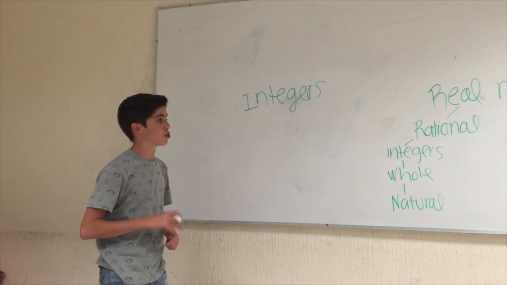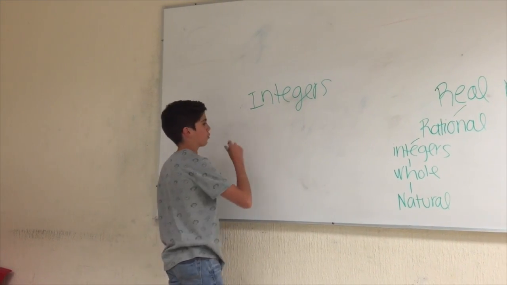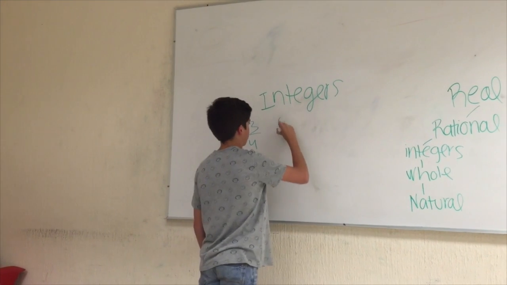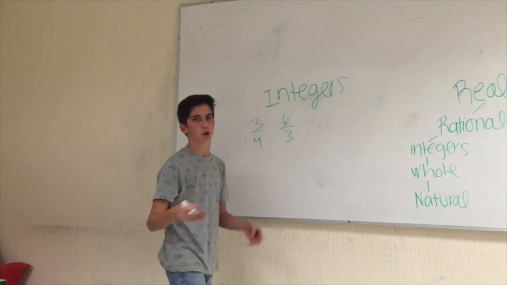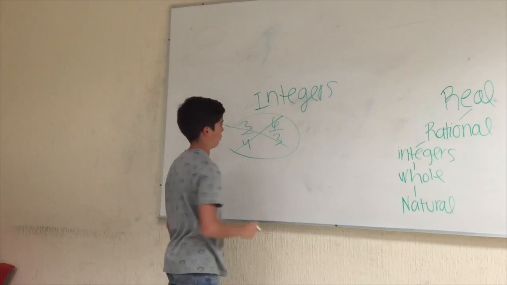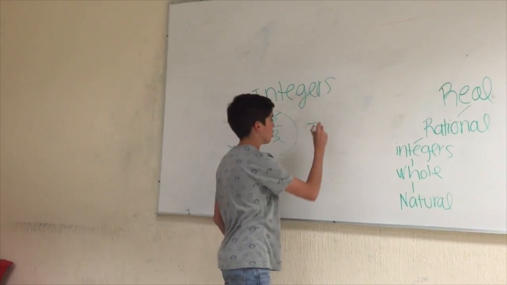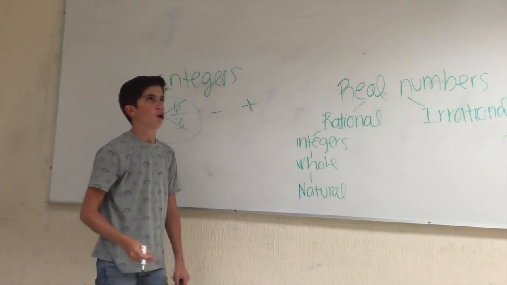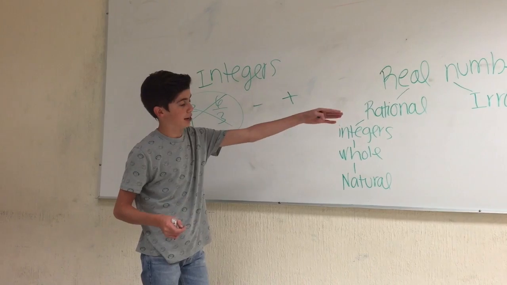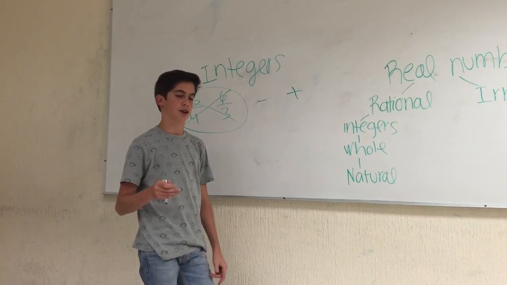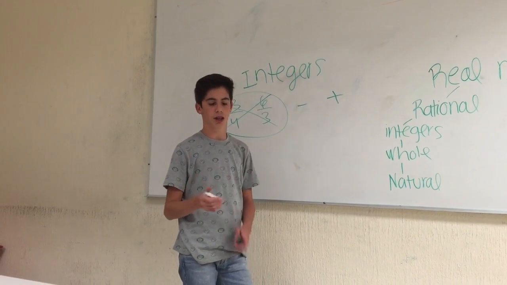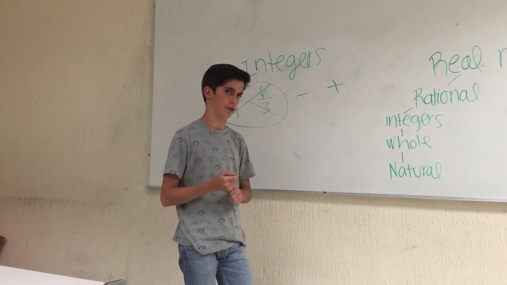For example, integers do not include fractions. In rational numbers, we can have 3/4, 6/3, and so on. But in the integers, we can have negative numbers and positive numbers, but not irrational numbers, numbers whose decimals continue on forever.